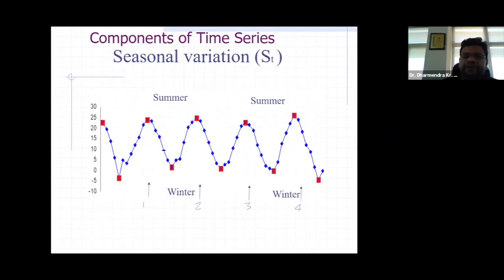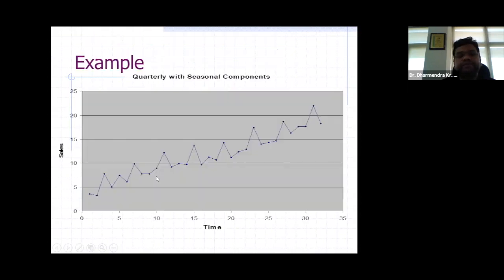Seasonal variations are usually shown by this type of diagram or graph. In the starting they increase, then decrease, then again increase, then decrease. So it follows a particular season.